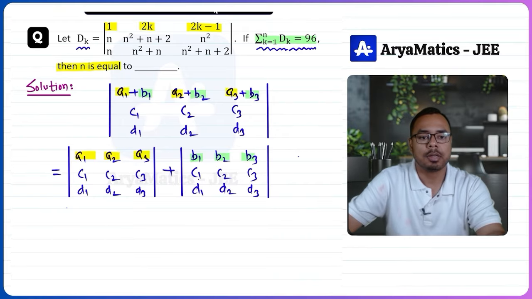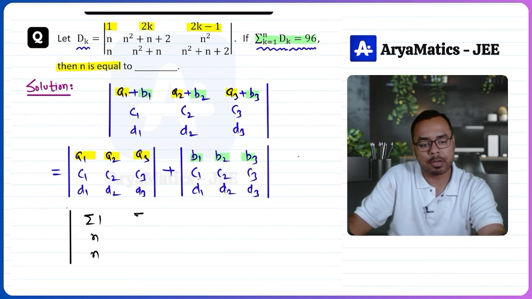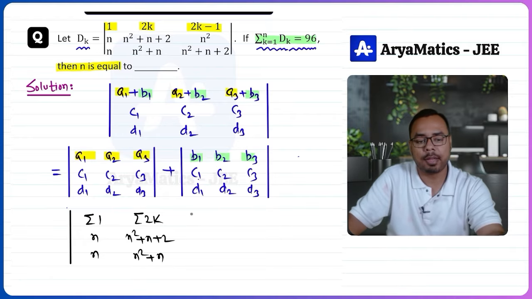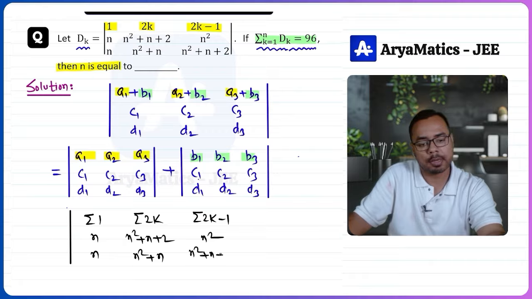So this means we can take that sigma notation inside the determinant, and we can write this as sigma 1, n and n. Similarly, sigma 2k, and then we have n square plus n plus 2, and here we have n square plus n, and finally we have sigma 2k minus 1, and then you have n square plus n plus 2.